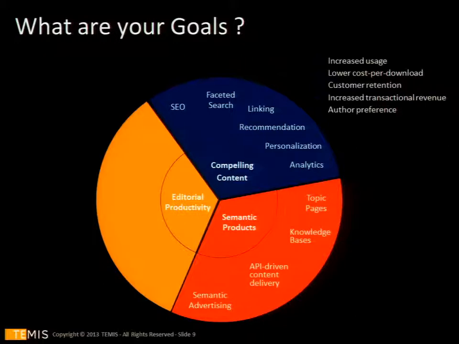If you can have more targeted ads, based on the keywords that each ad has, and match these keywords to the semantic fingerprint of the content, of course the relevance of the ad will be better, the click-through will be better, and the value of the ad will be much better as well. So keep that in mind. Semantic advertising, or maybe targeted advertising is a good word for it as well. That's always a good benefit of the tagging itself.